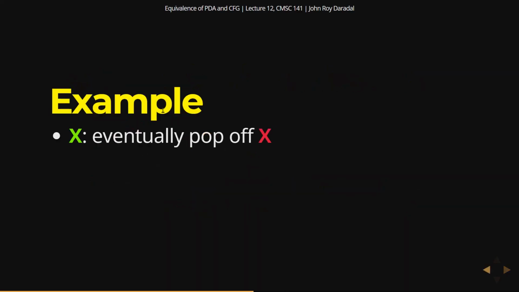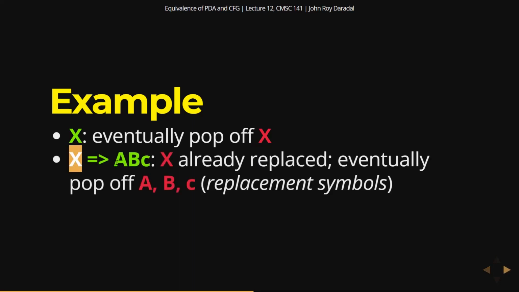If it's only X as the stack top symbol, then we eventually need to pop off X. But if we replace X with ABC, for example, now X has already been replaced, but eventually we need to pop off A, B, and C as well, because the replacement symbols will now inherit the property of having to be removed.